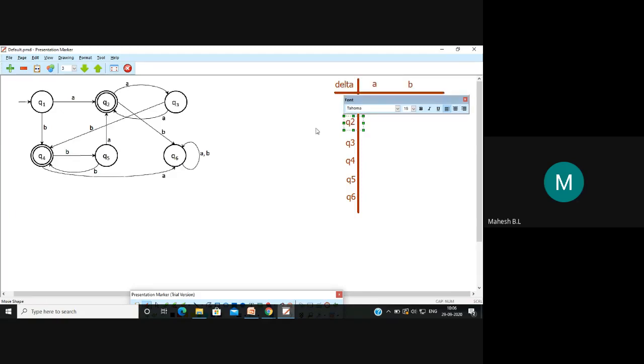Now let's make the entries in this table. Q1 on A transition is to Q2, as you can see from the transition diagram. Q1 on B transition is to Q4.